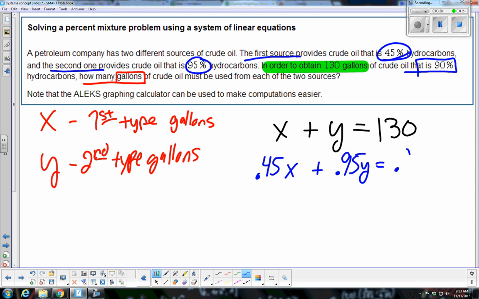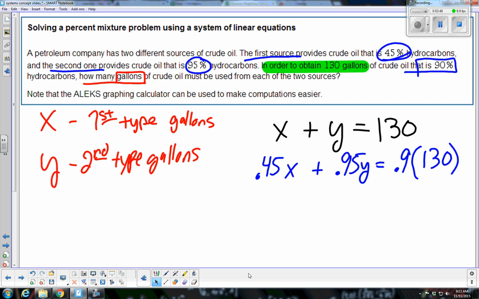But look, it's percentage times gallons. So here's my percentage, here's my gallons that I want. Hopefully those two equations make sense. What I did is I took each part and added those up, and I got my final mixture there.